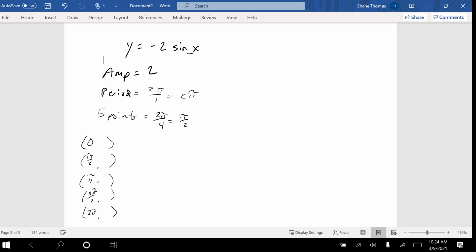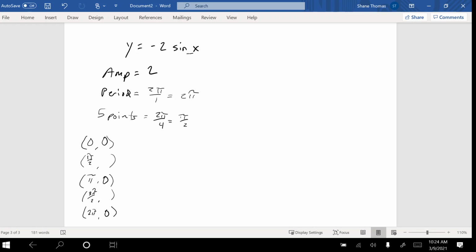Okay, there's my 5 critical points. Now, based off your knowledge from the last one, we went 0, max or min, 0, max or min, 0. Correct? I think it'd be a pretty good estimate there that first, middle, and last are all going to be 0. Yeah, these guys would all be 0.